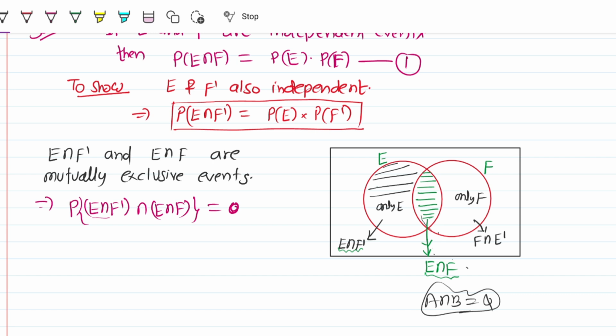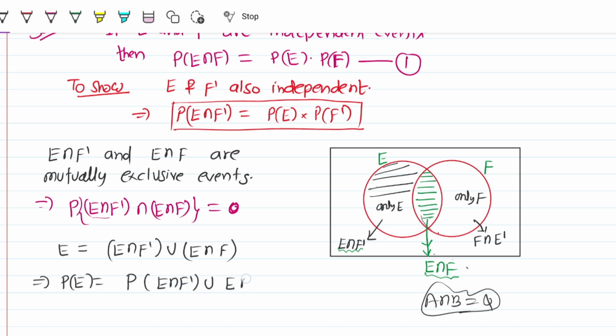Also, how can I write event E? Only E means E intersection F dash union E intersection F. So if I take the probability both sides, probability of E is the same as probability of E intersection F dash union E intersection F. Now what is the basic formula?